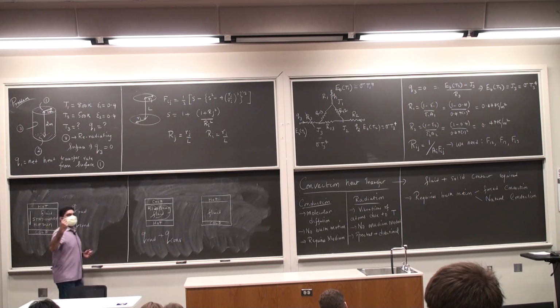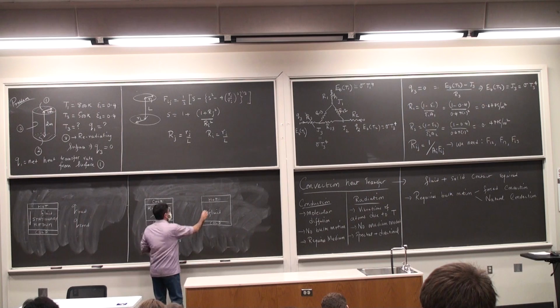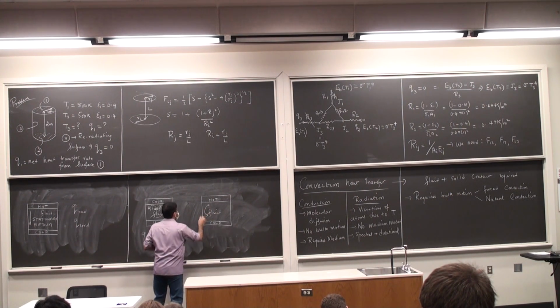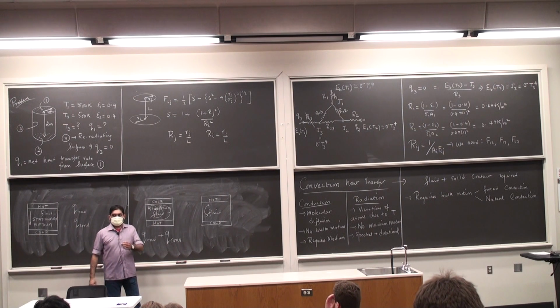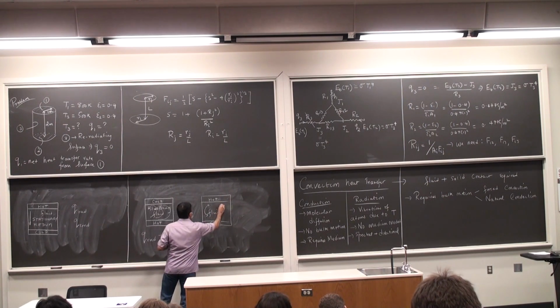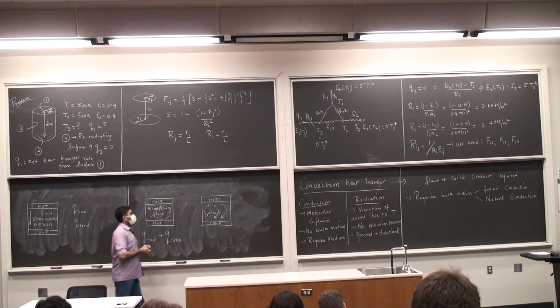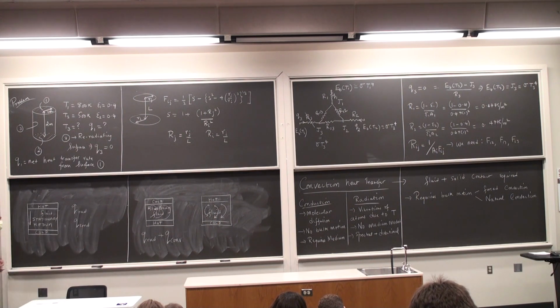I take a small syringe, and I take a molecule of hot liquid from there, I transfer it here. I take a molecule from here, I transfer it there. And so you see that if I had the situation of forced convection, the rate of heat transfer is going to be much higher than if I had the state of conduction.